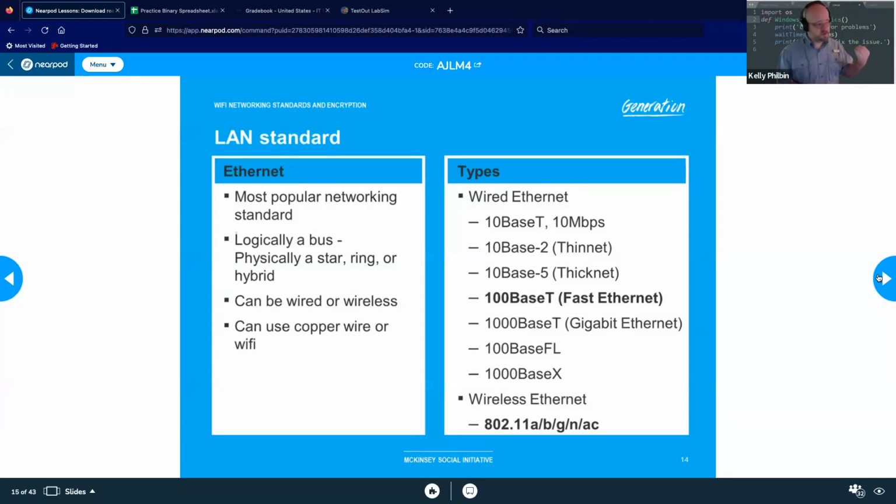And typically we will use the star, which is the most common, and connect multiple stars with a bus structure. And it could be wired or wireless, utilizing typically copper wire or Wi-Fi for the wireless. And if you've been in large buildings like hospitals or schools and you see all the little domes sticking down from the ceiling, the Wi-Fi antennas, they set those up as a mesh LAN.